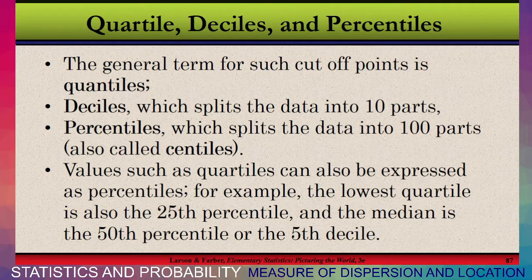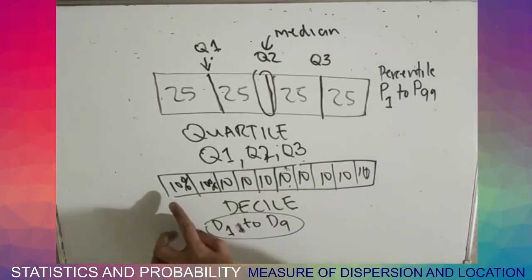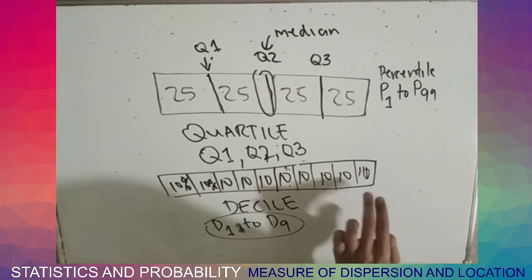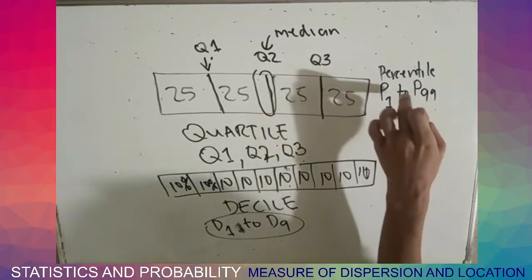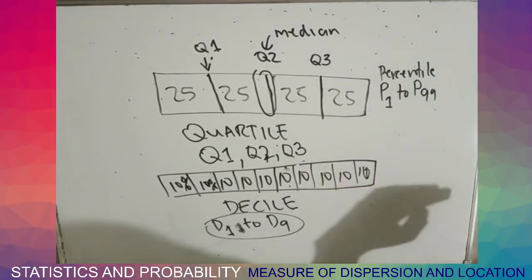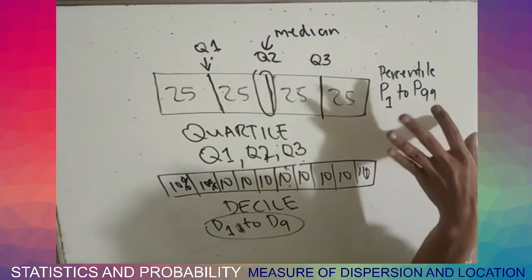Nakalagay ito, percentile which splits the data into 100 parts. Wait lang, hindi pala naipakita. Ito yung ginawa ko kanina sa decile: hinati ko yung data into 10 parts, then 10% lang yung bawat part. Sa percentile, hindi ko na pinakita yung paghahati-hati since maraming data.